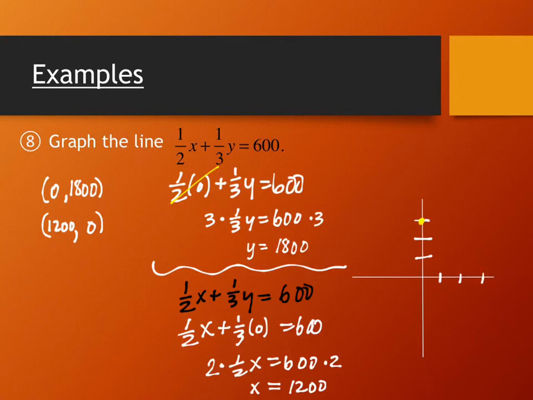Which should be here, and I'll label it. And on the x-axis, I'm at 1200, right here, like so. And then I'm going to connect my dots. All right, is that good?